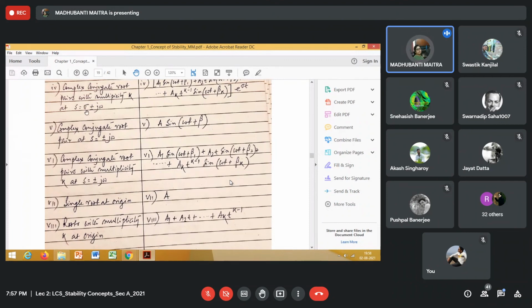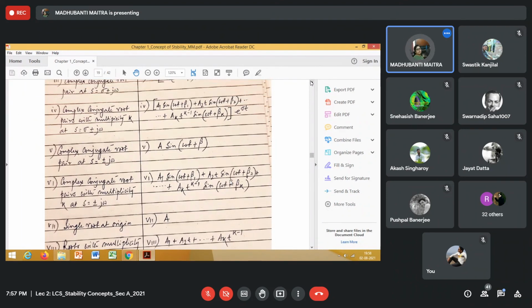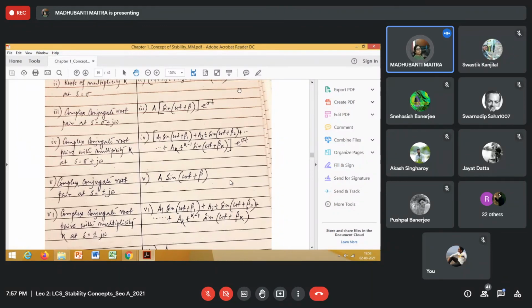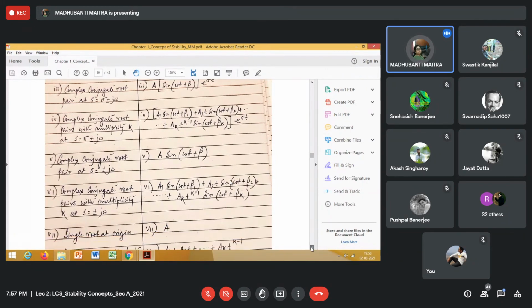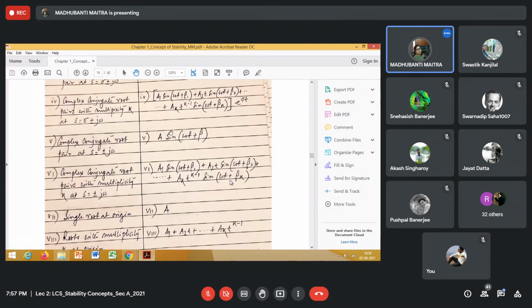Since sigma is equal to 0, from this expression we can derive the nature of the output response. Since sigma is equal to 0, e to the power sigma t will be equal to 1. Or directly, by taking the Laplace inverse, we can say that the output response C(t) in this case will be A sin(omega t plus beta).